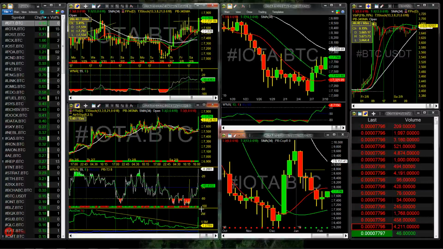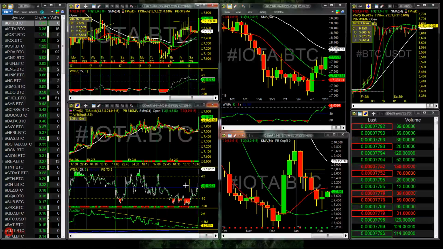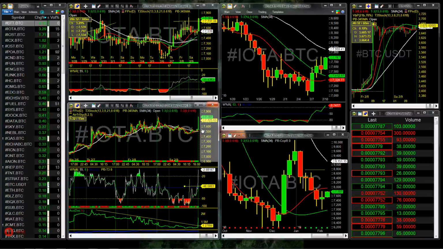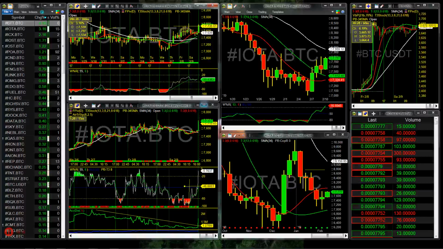I got accumulation here, breakout, coming out of oversold, crossing the zero line as well. So I got two triggers. I got previous high breaks coming. Let's see what kind of volume it's got.